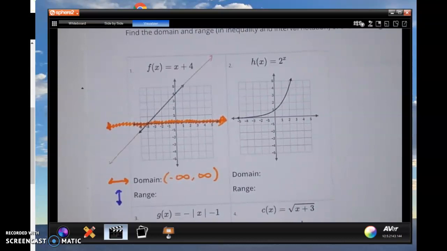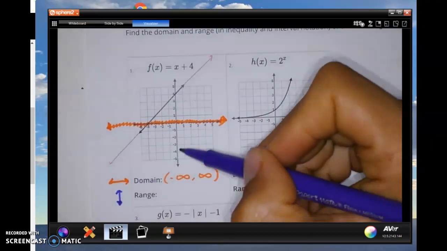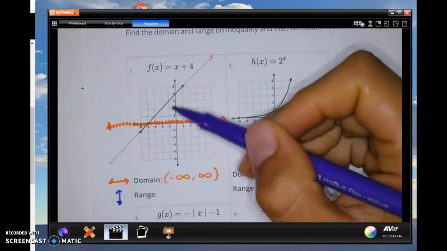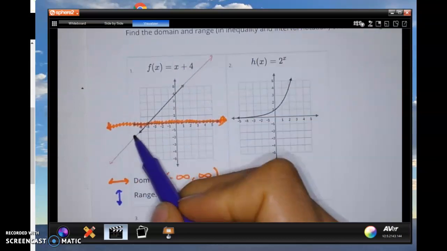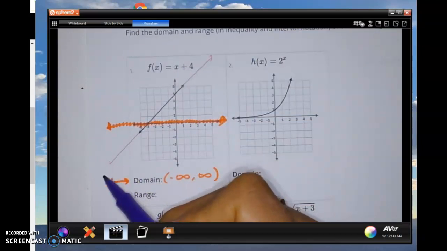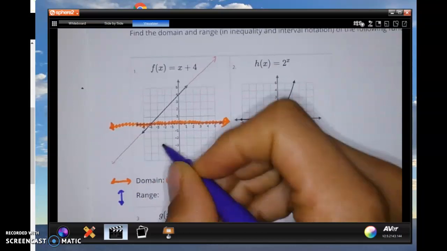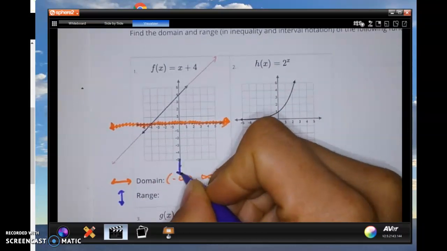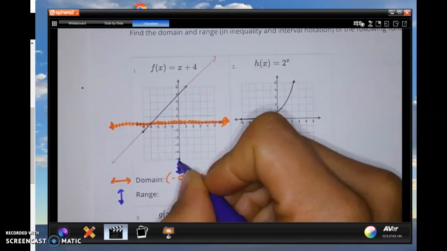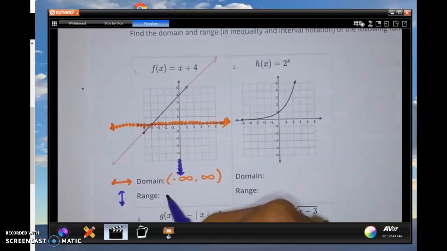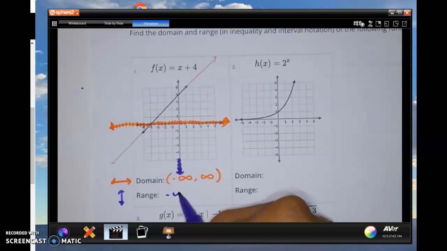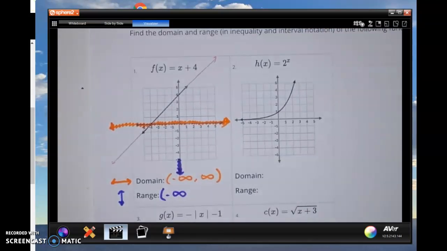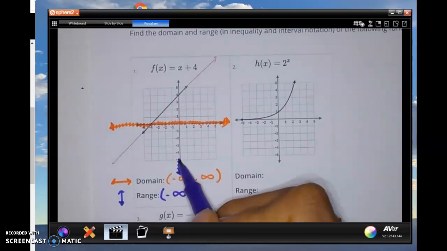For range, we're looking at up and down. Because our line keeps going downward, our graph will also keep going downward. So we start at the lowest value, negative infinity. And we'll continue up.